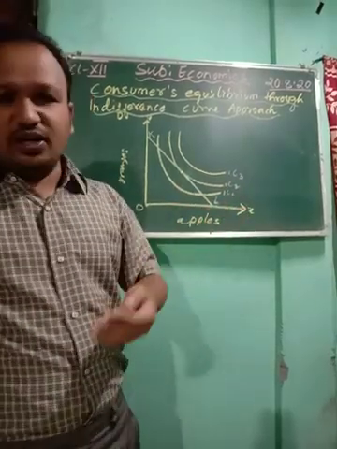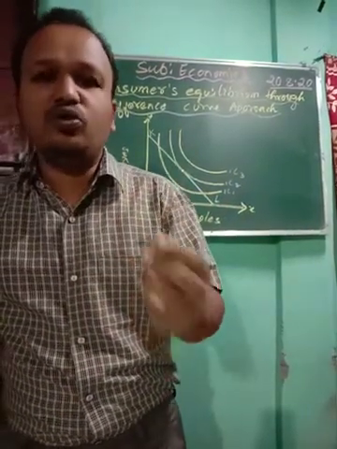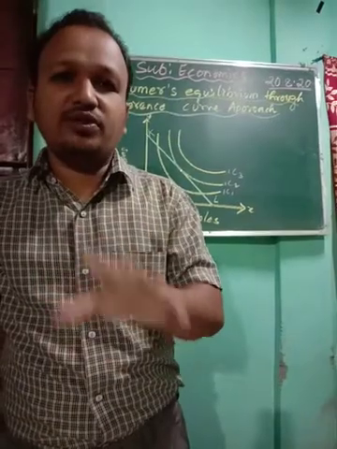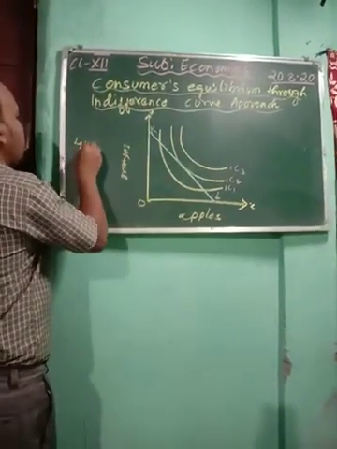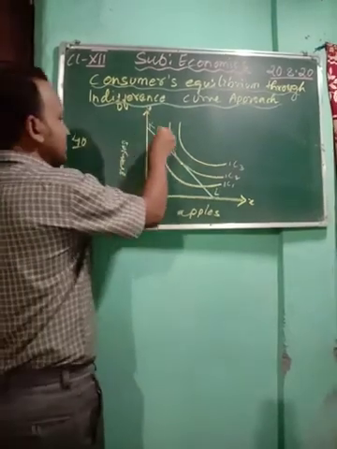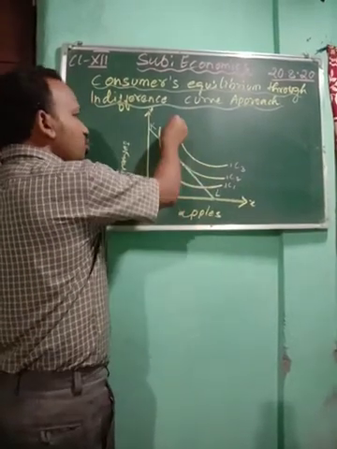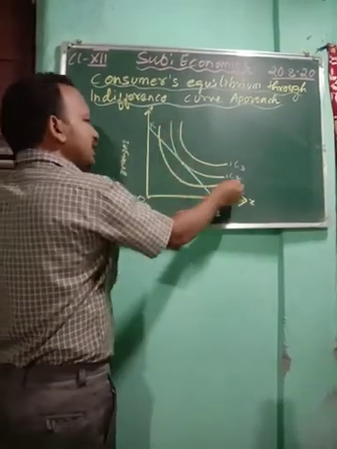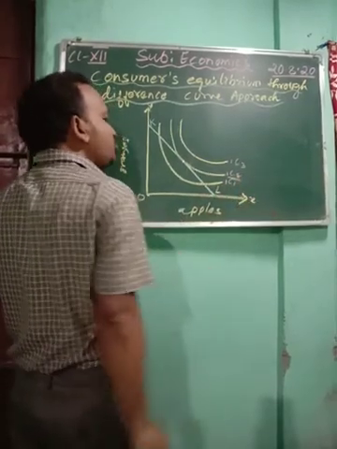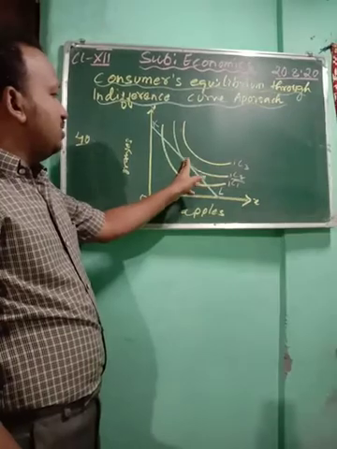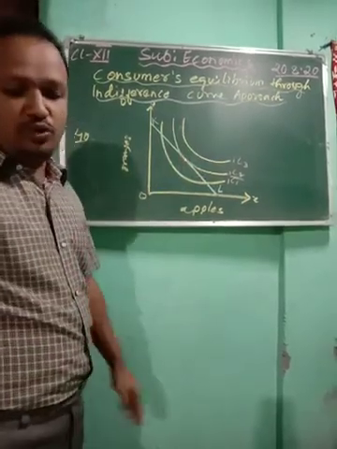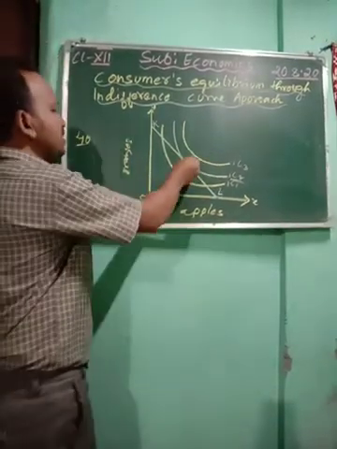When the income of a consumer is given and he is ready to spend on 2 commodities at a given price of the 2 commodities. So if he has 40 rupees, this is his 40 rupees expenditure. With 40 rupees he is getting this much IC2 level of utility, satisfaction. That means the consumer is going to attain equilibrium at this point.